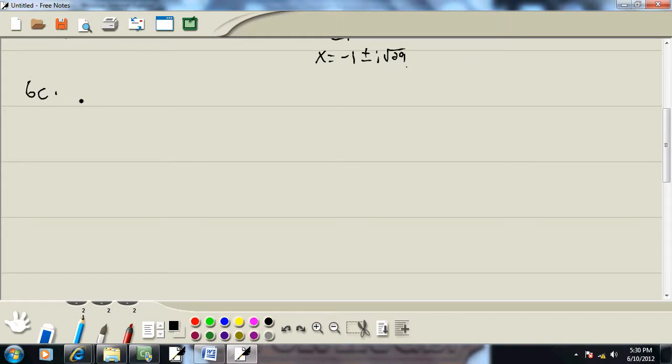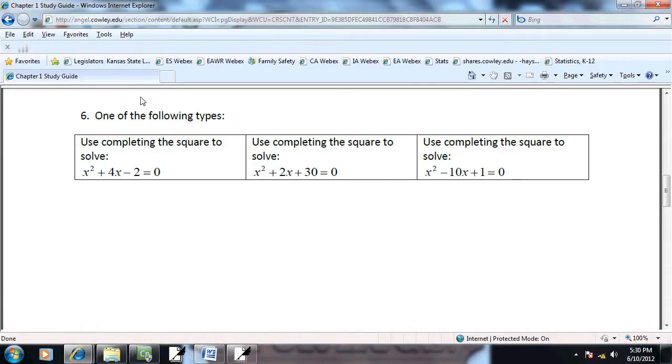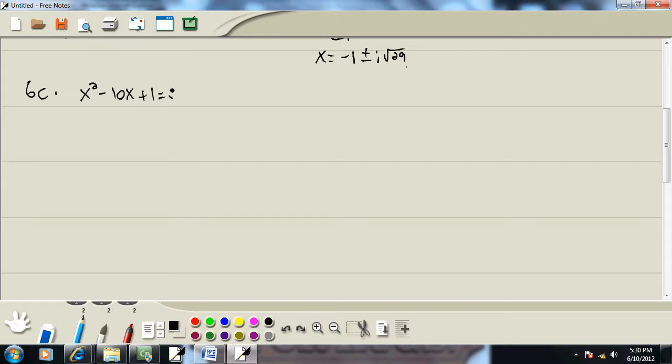Let's see, x squared minus 10x plus 1 equal to 0. Step 1, divide everything by the number in front of the x squared. There is no number in front of the x squared. Step 2, take the constant term to the right side. So take the 1 over, becomes a negative 1. Step 3, take the number before the x, which is a negative 10, multiply it times a half and square it.